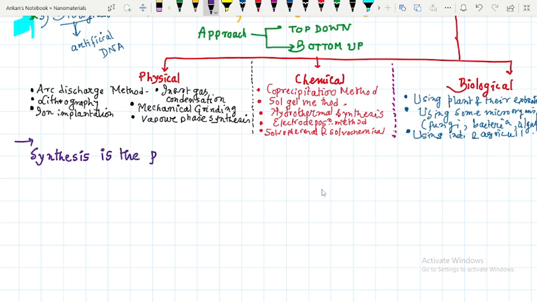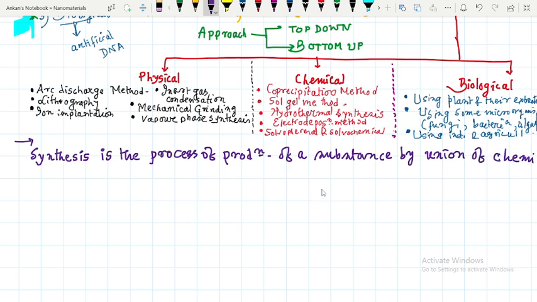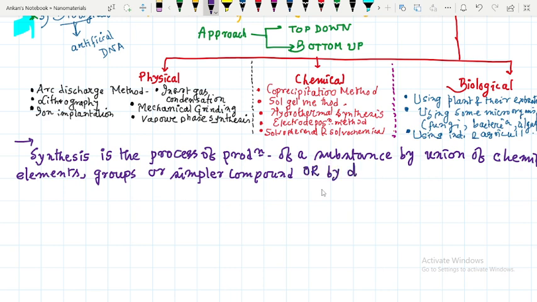Synthesis is the procedure of production of a substance by union of chemical elements, groups or simpler compound, or by degradation of a complex compound.